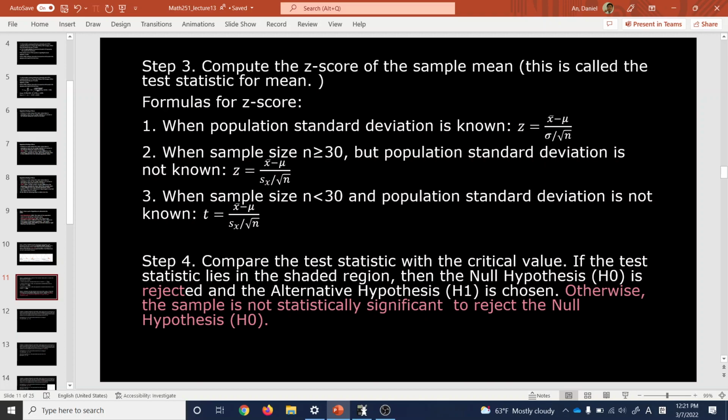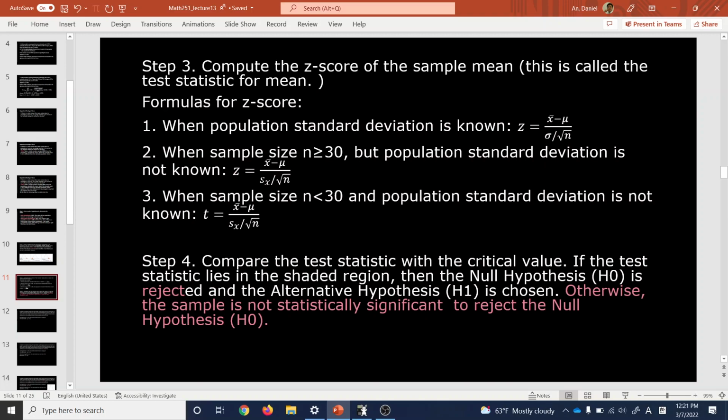And you either use the z-score or the t-score. You can see that these formulas are basically the same thing, except that if the sigma is known, you use the sigma. And if the sigma is not known, you just use Sx as your replacement for the sigma.